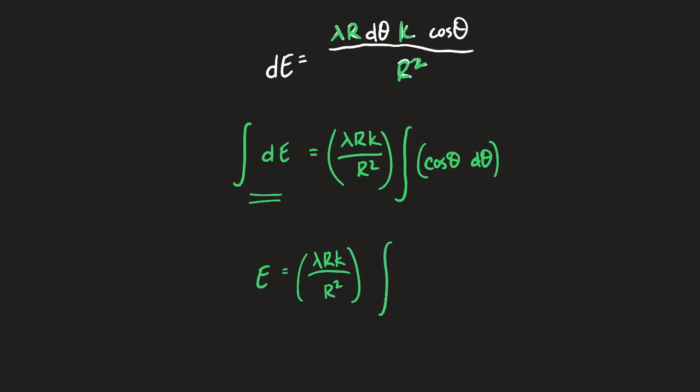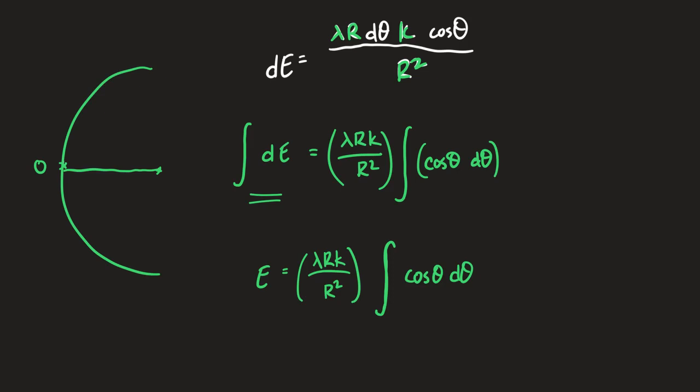But this symbol for integration requires limits. Where do you begin looking at your piece and where do you end? Our piece was an arc, remember? We're going to start at the middle, which when measured from here is 0 degrees. Or in this case, I think I'm just going to go with 0 radians.